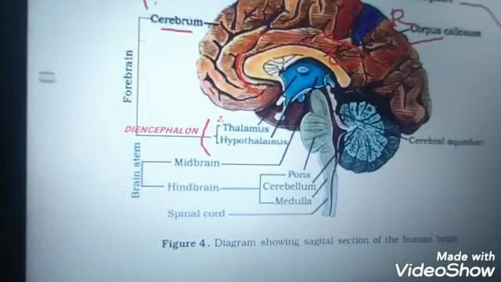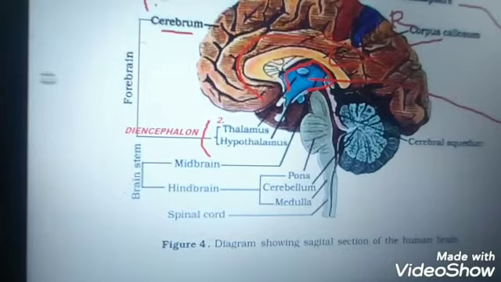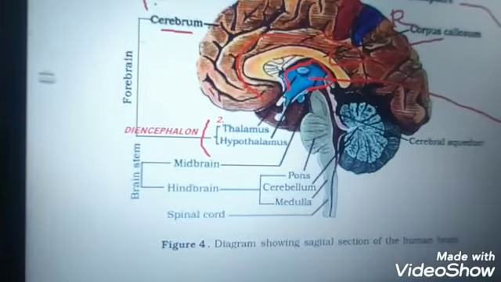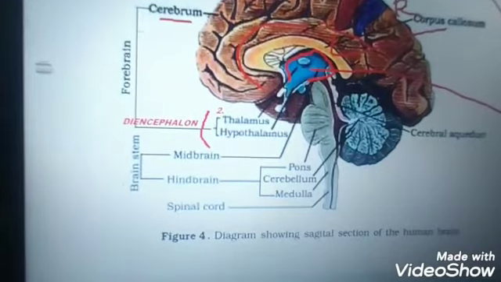The cerebrum is covered around the thalamus. The thalamus is the major coordinating center for sensory and motor signaling.